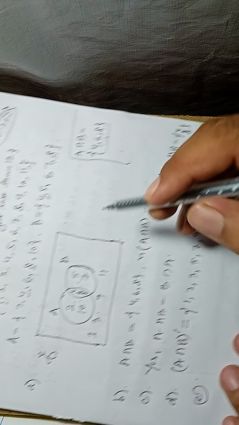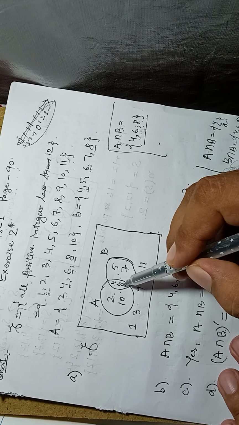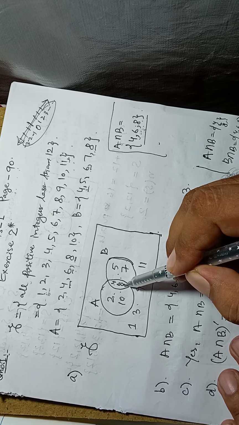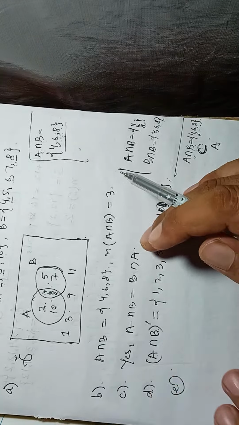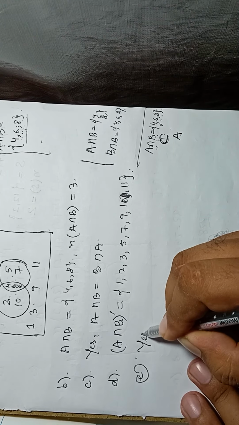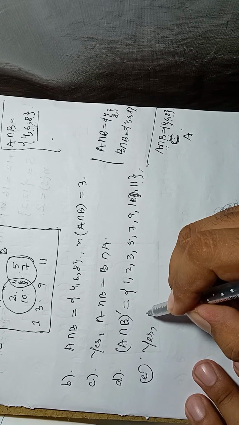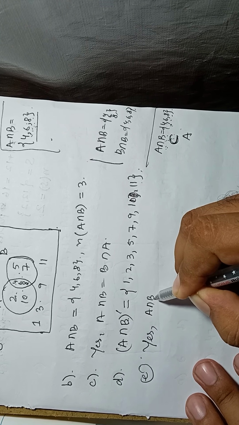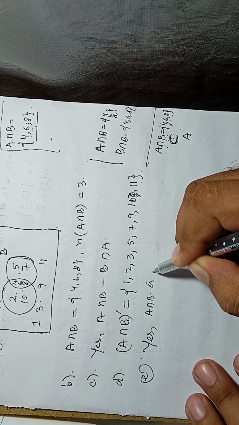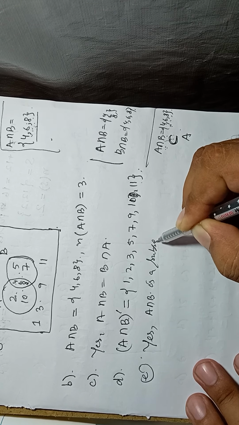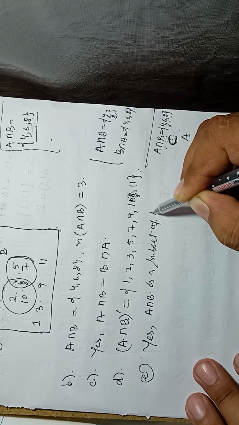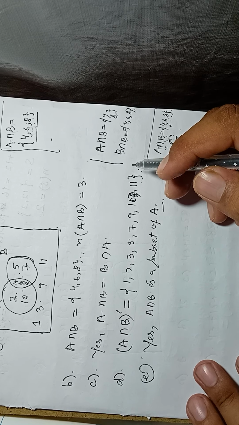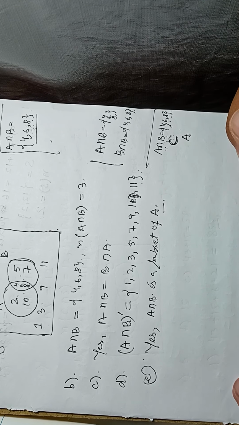Yes, that is right. If you check 4, 6 and 8, these elements are also in the set A, so we can say yes, A intersection B is a subset of A. That is the question number 1.